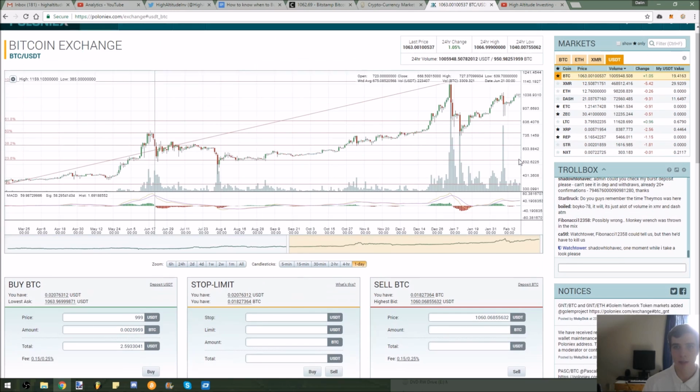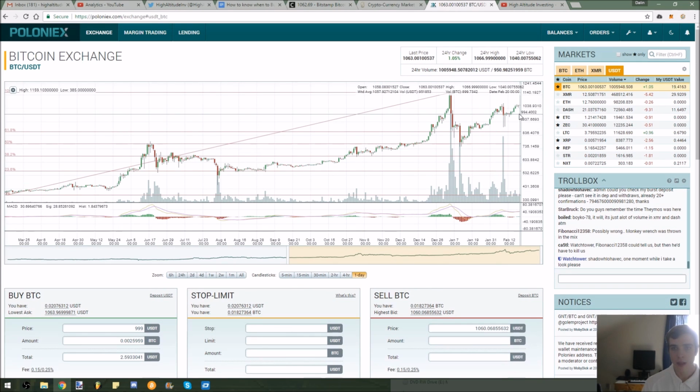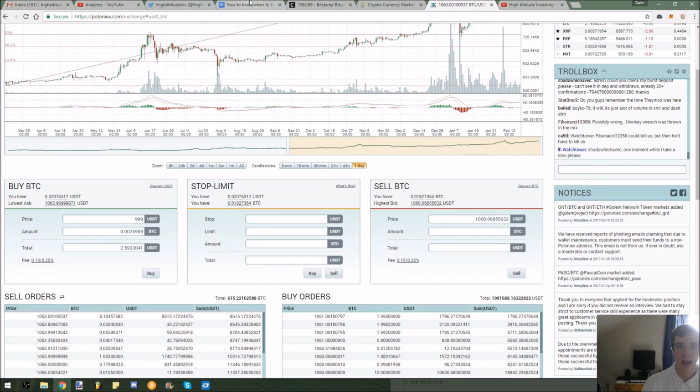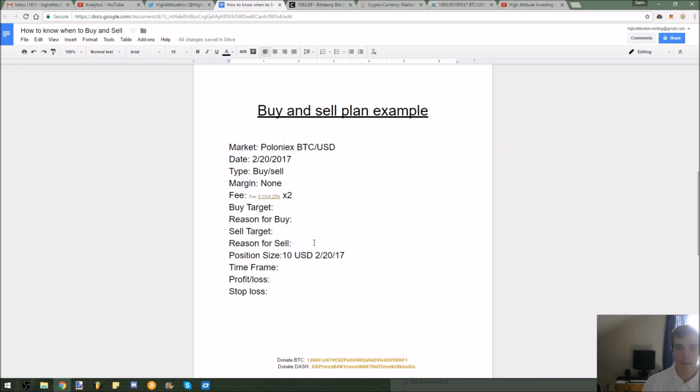So when Bitcoin comes to hit this range that I'm expecting it to, it will buy in, and my buy target was 1,000, roughly estimated in between those orders. My reason to buy was because of a resistance in the market.